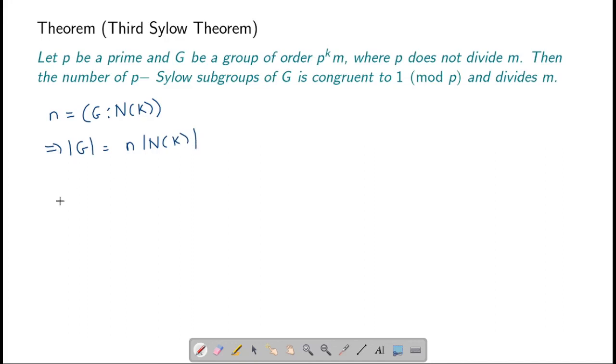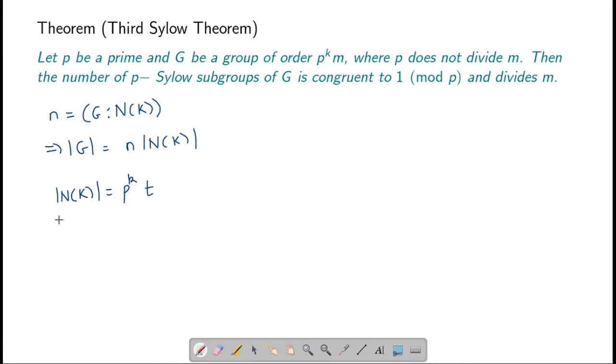And as we have seen earlier, since the number of elements in K divides the number of elements in N(K), the number of elements in N(K) will be p raised to k times some t.